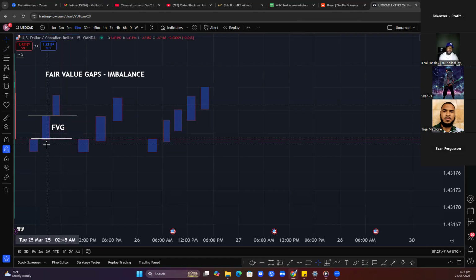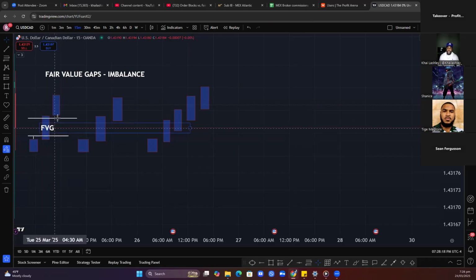We know it's a three candlestick pattern, so we're able to identify the imbalance between here and here. We could get a little technical and put the wicks, but keep it as real as possible. That's your fair value gap right here. In that space, we literally only had buyers going to the upside. There were no sellers within this space.